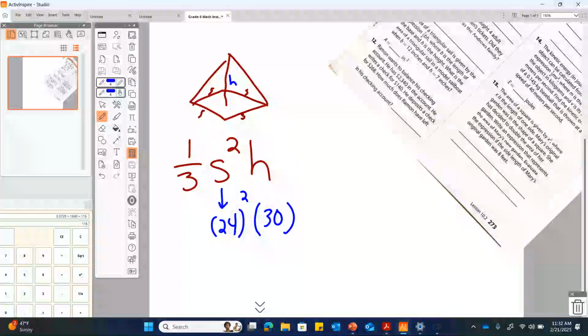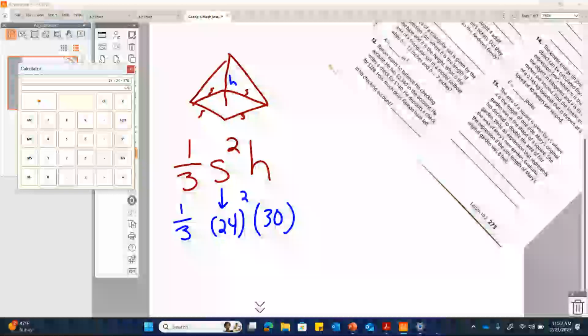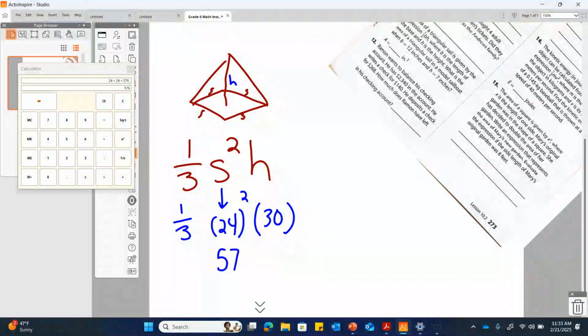Okay, so order of operations tells me I first have to do grouping symbols, but there's nothing actually inside my grouping symbols. Next thing is exponents. 24 times 24 is 576. I'm going to keep that in parentheses. Order of operations tells me I do multiplication left to right, 1/3 of 576.